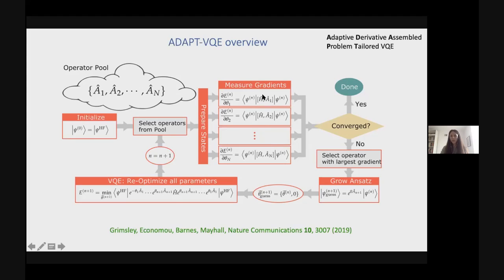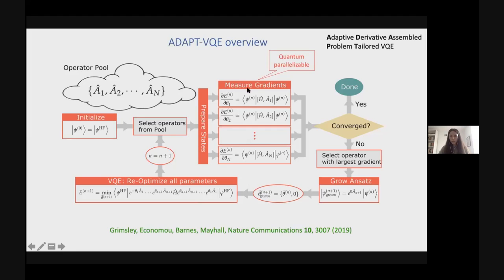So the next step is to choose the one that has the maximum gradient and act it on your solution or add it to your circuit. And then you might have converged according to some criterion. If not, you re-optimize all the previous parameters and you keep going. Then you keep that operator in the pool, so you never throw out any operators. And then you ask again, in the next step, what's the largest gradient? You add that one, and you keep going until you converge.